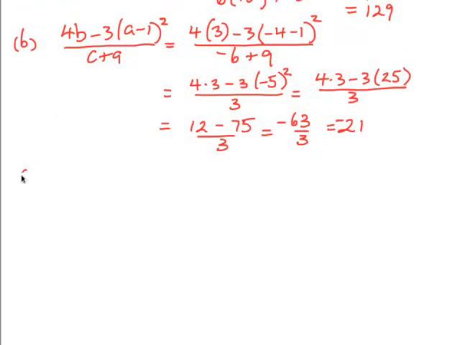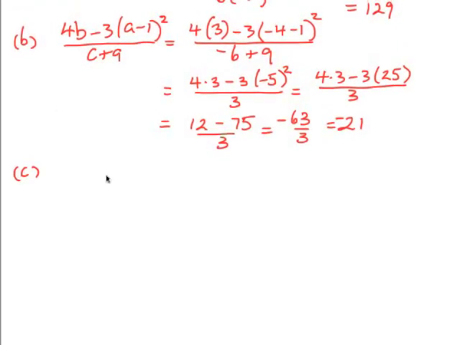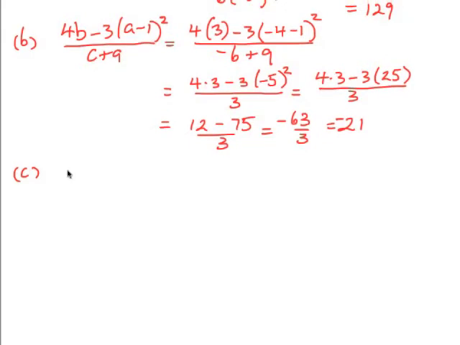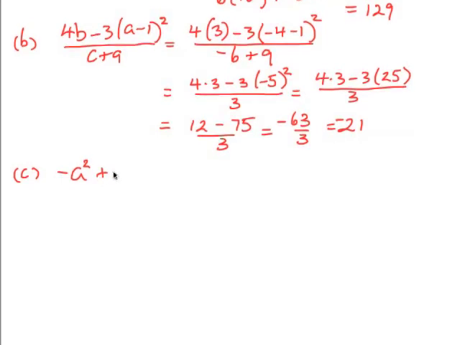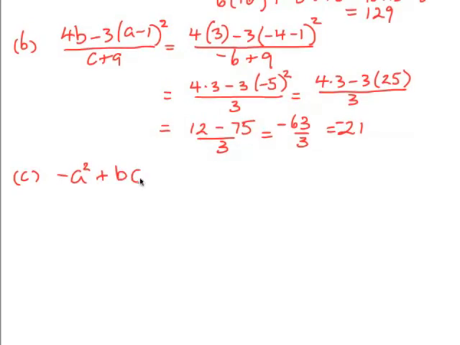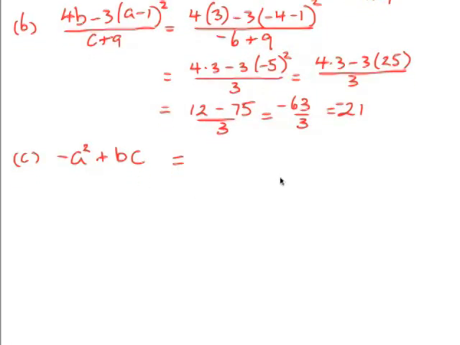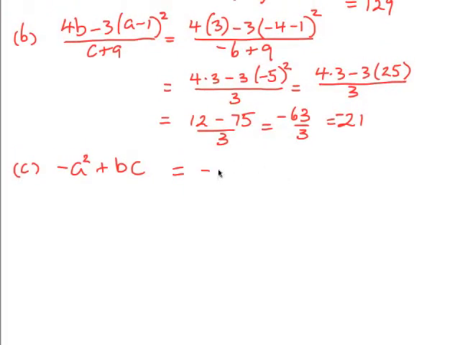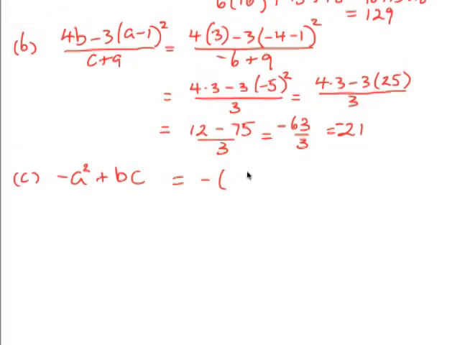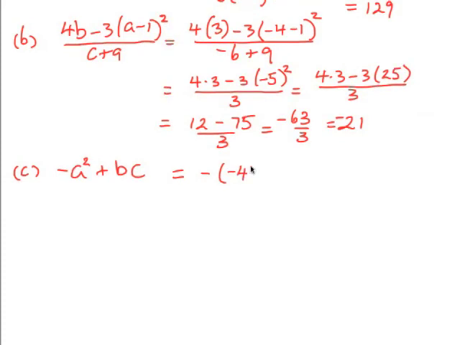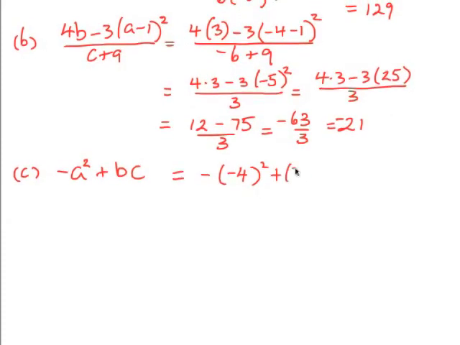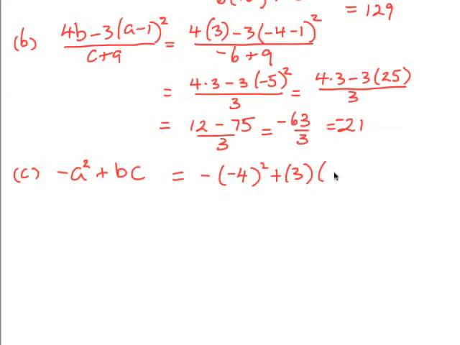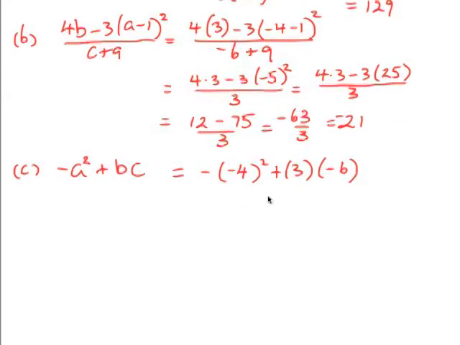Okay, all right, let's do part C. Let's suppose that we have negative a squared plus b times c. Okay, what's this become? Well, this becomes negative, and we have to square the a, which is -4, plus b, which of course is 3, times c, which of course is -6.